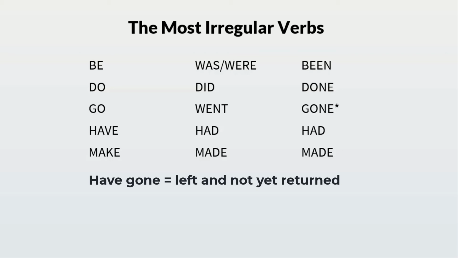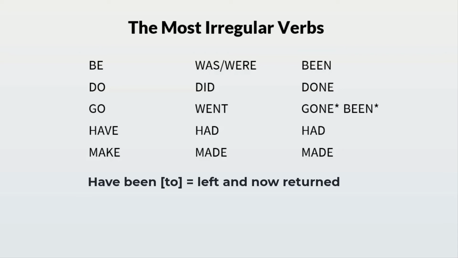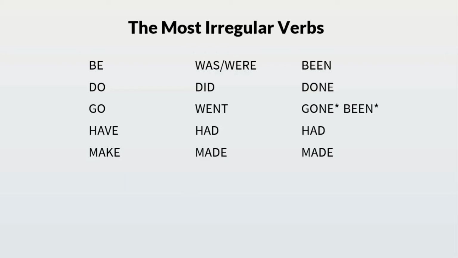But to say that we have gone and returned, we would use been, or been to. I've been to Jamaica twice. So that means I went and have returned two times to Jamaica.